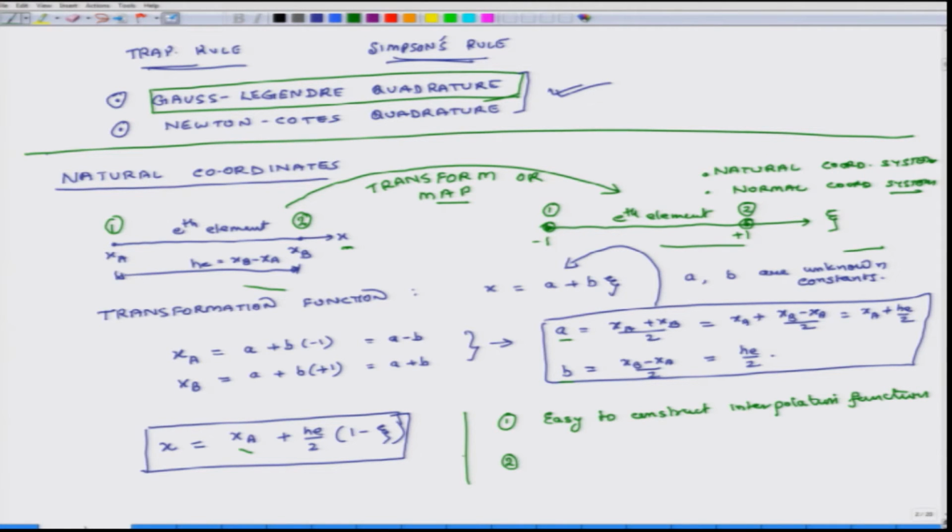This we have already discussed, and the other thing is that it is easy to implement Gauss Legendre quadrature. So, these are the advantages of natural coordinate system.